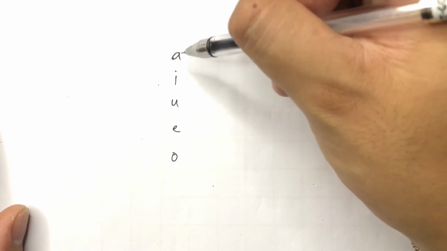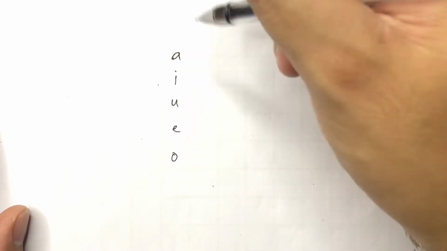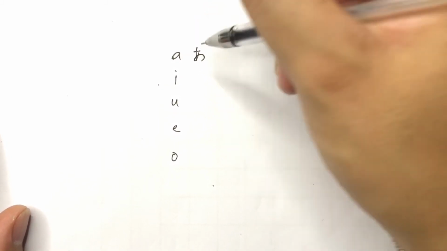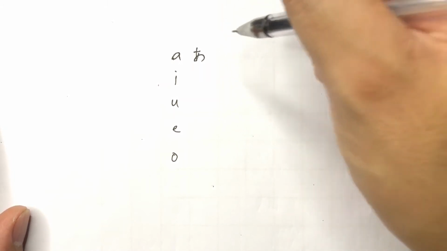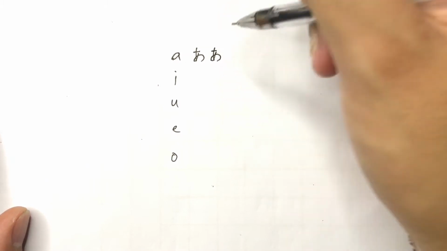Master each character before proceeding to the next characters. For example, we started with a. Practice the character a.